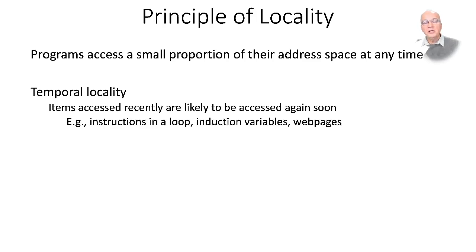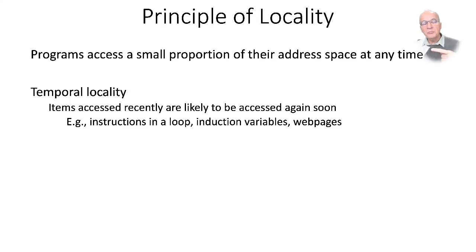For example, if I am executing a loop where I execute instructions in a loop, what is going to happen is that I will access a few instructions. You have written many different loops in your assignments, and often your loops will have 15, 20, 25 instructions. And I'll be executing those very same instructions perhaps millions of times.